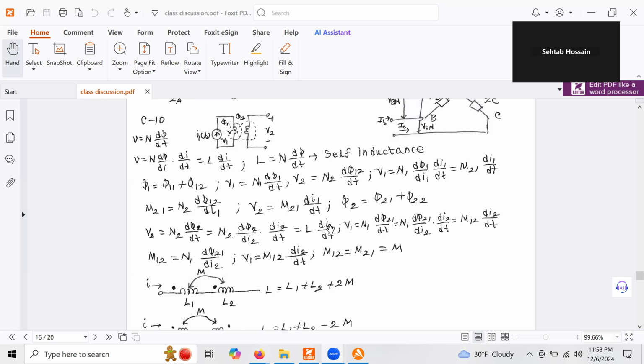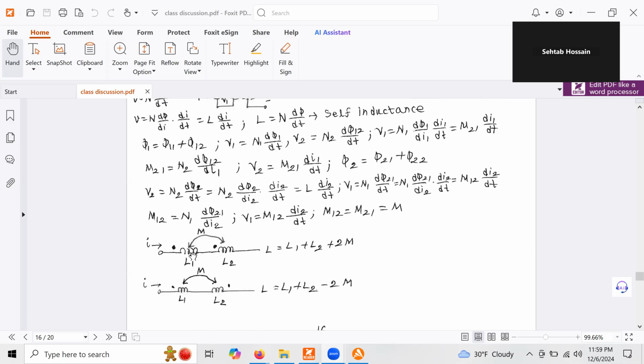V2 will be equal to this one. If we consider the inductor turns, then it becomes L times d/dt of I, and so this is our mutual inductance. M is our mutual inductance over here.